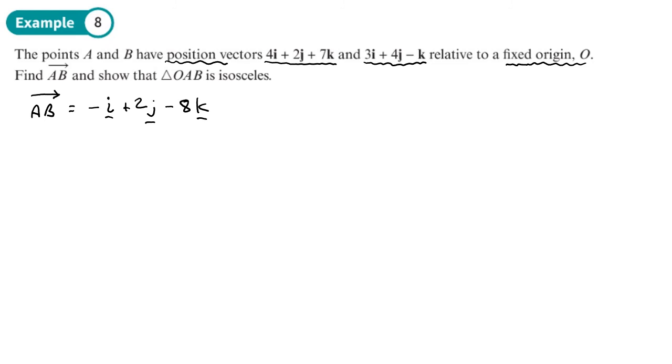I'm just going to sort of draw a diagram to help me visualize. This in no way is to scale or anything like that. So we've got A, and we've got the origin. Maybe I'll call this one the origin over here. So origin, we've got point A and we've got point B. So we know the vector that takes me from the origin to A is this 4i plus 2j plus 7k.